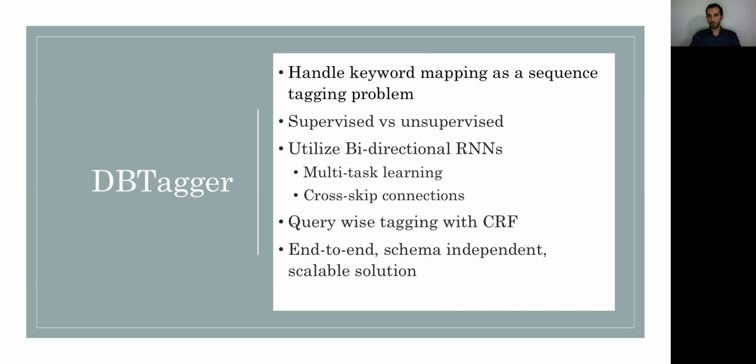During training, we employ multitask learning and cross-skip connections, which are well-known paradigms utilized in deep learning. We also use conditional random fields to provide query-wise tagging instead of independent token tagging.